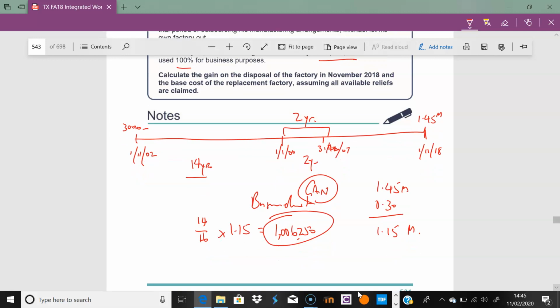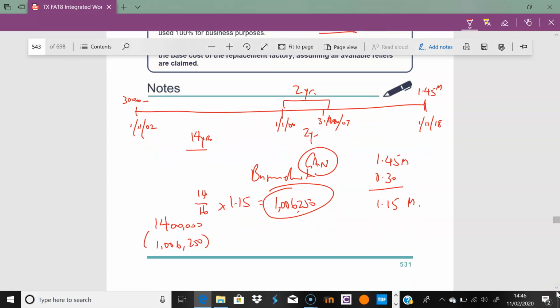So what he can clearly do quite easily is roll over that 1,006,250 gain into that and defer it, reducing the base cost to 393,750. And that's how we deal with that.